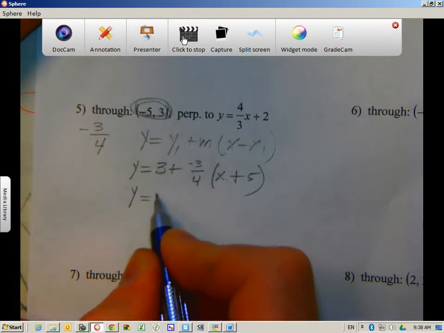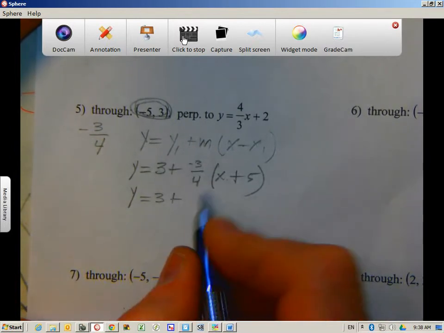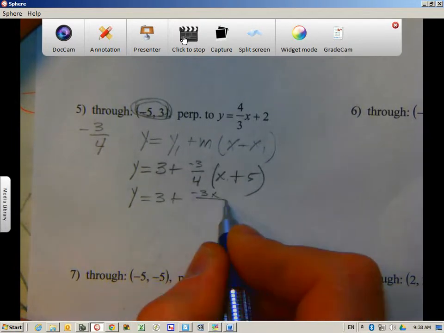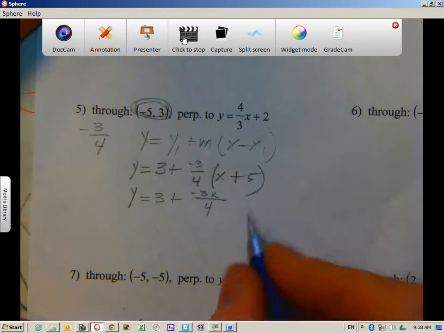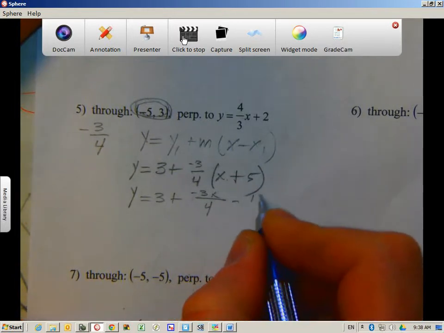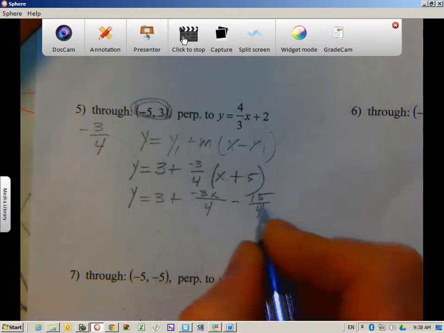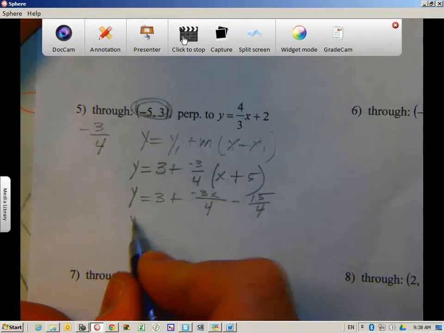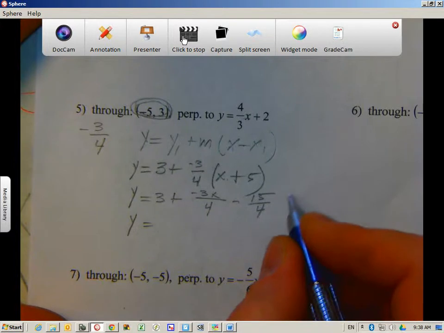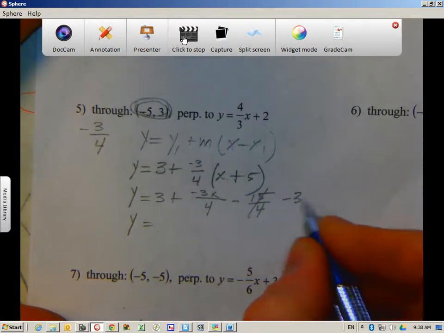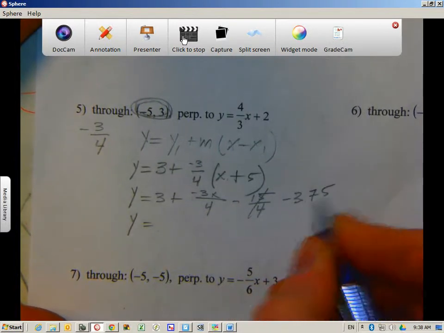Y equals 3 plus negative 3x over 4. What do I get here? I'm going to get negative 15 over 4. Negative 15 over 4. Well, we've seen this number before, haven't we? Y equals, that's going to be negative 3.75, or negative 3 3/4.